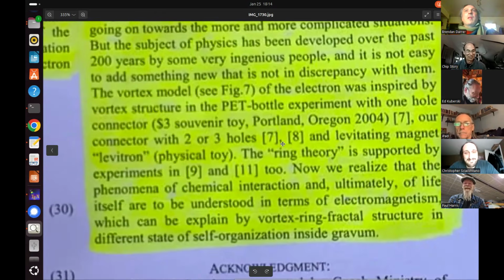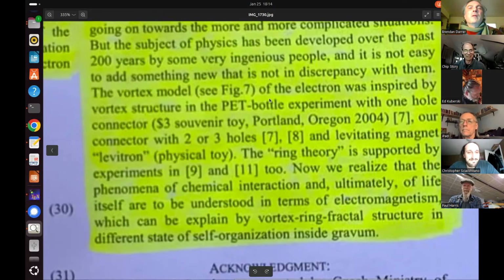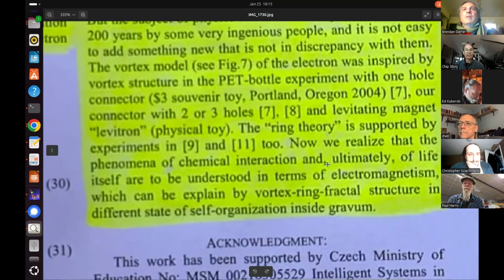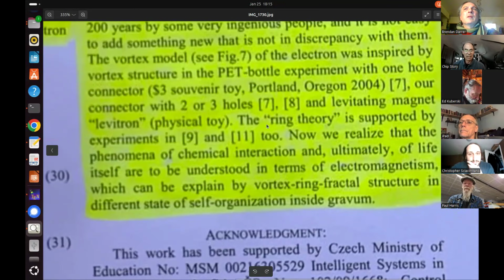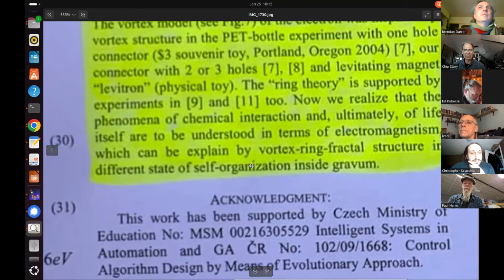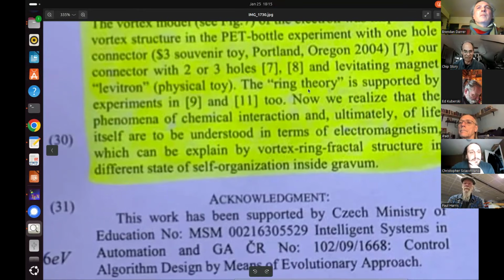The vortex model of the electron was inspired by vortex structure in the PET model, the plastic bottle experiment with one hole connector, a $3 souvenir toy from Portland, Oregon. Our connector has 2 or 3 holes, and a levitating magnet, the Levitron physical toy. The ring structure is supported by experiments number 9 and 11 also.